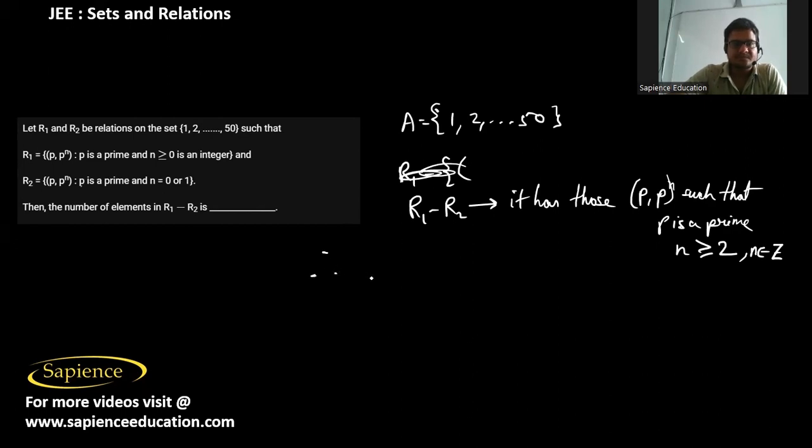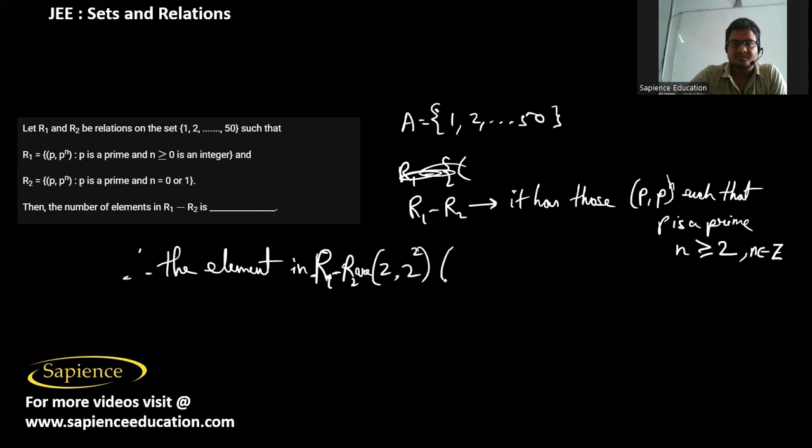Therefore, 2 is a prime number. So the elements in the set R1 minus R2 are (2, 2^2), (2, 2^3), (2, 2^4), (2, 2^5). 2^5 is 32, and 2^6 is 64, which we can't take.